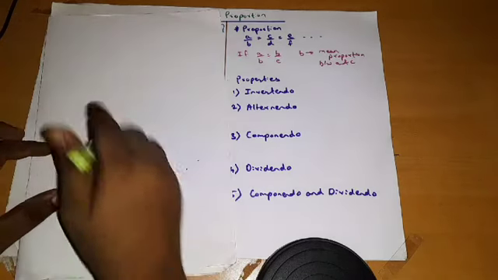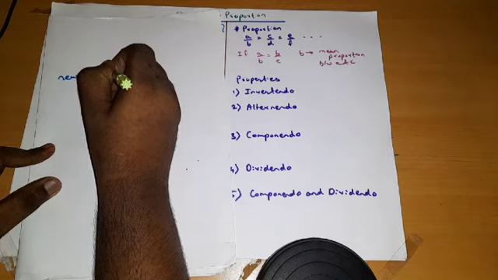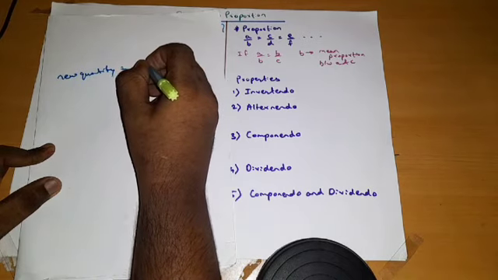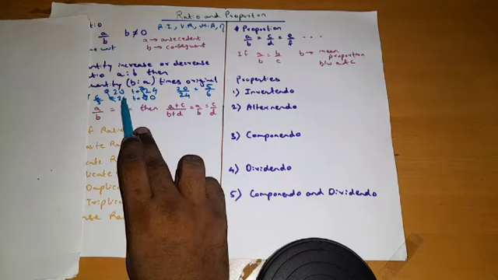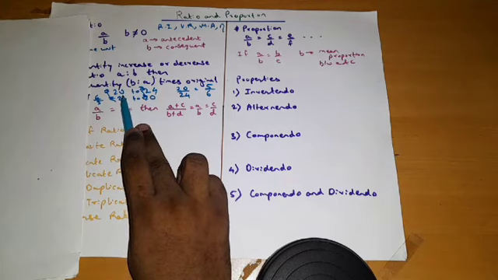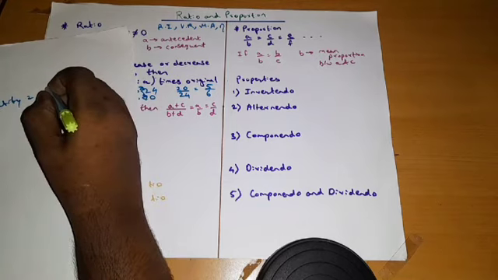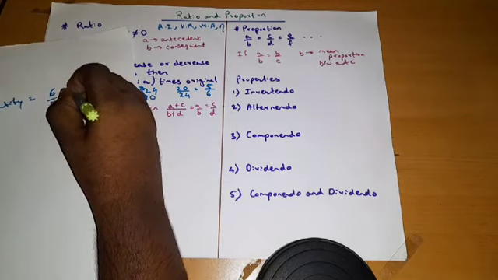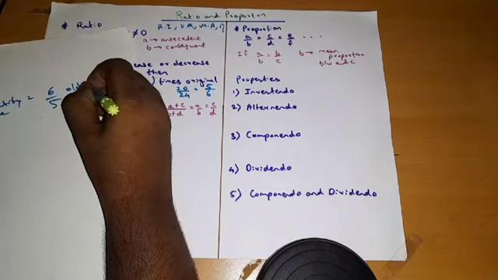Let's understand simply. New quantity is equal to what? The ratio when the price increases from 20 to 24 is 5 by 6. Then the new quantity value is 6 by 5 times the old quantity value.